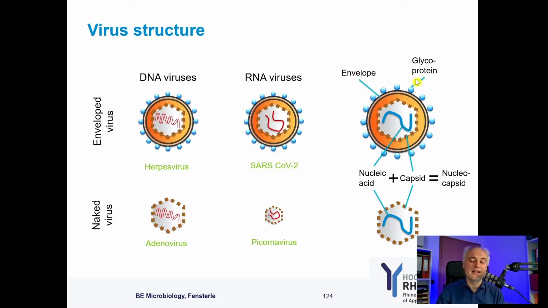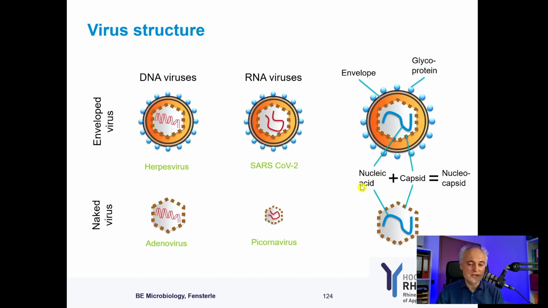This lipid bilayer usually comes from the host membrane, so the cytoplasmic membrane. Inside of this lipid bilayer we have the capsid, and within that we have the nucleic acid. This nucleic acid plus capsid is also called the nucleocapsid.